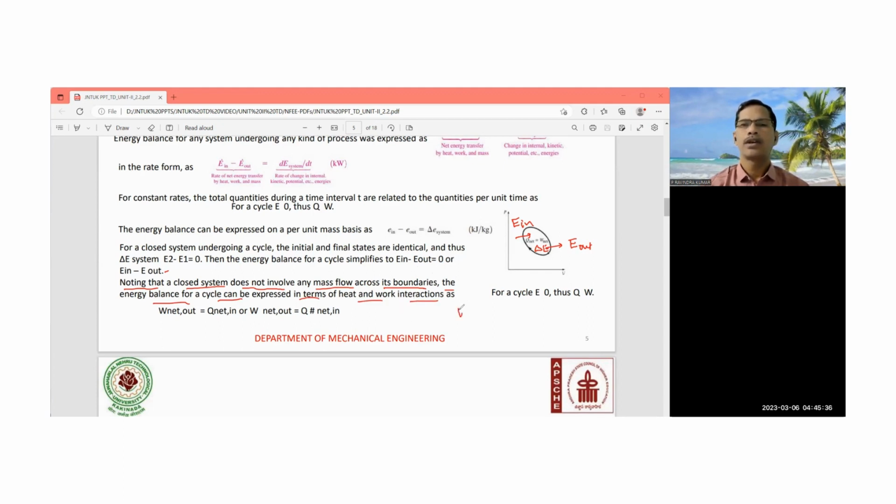So that is W net, what the net work output will be when a net heat input Q is supplied, and what work output is expected from the system. So this is the energy balance equation for a closed system, and this is the particular way you have to represent it.